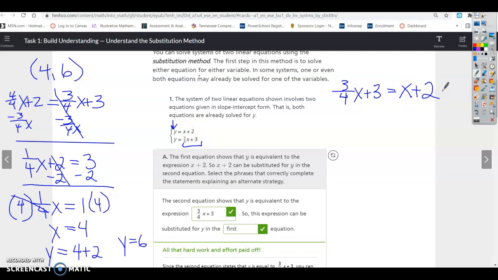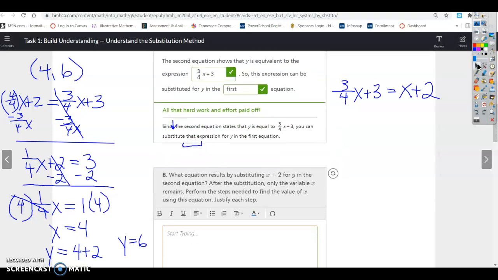Now if you look at this right here, the only difference is that the 3/4 x plus 3 started on the right and the x plus 2 started on the left. Remember, I added the 4/4 when we were trying to add fractions. So we don't even have to work this to see that, yes, we would get the same answer if we do that equation.